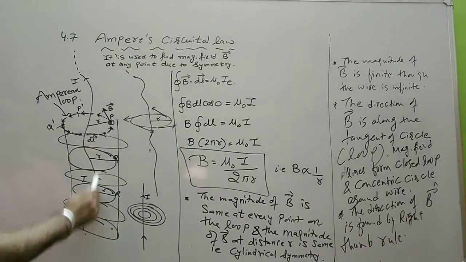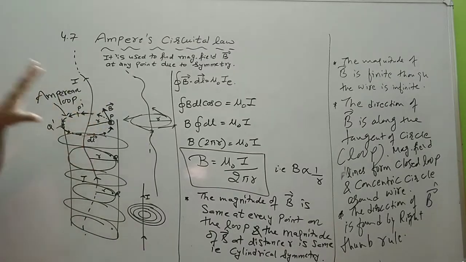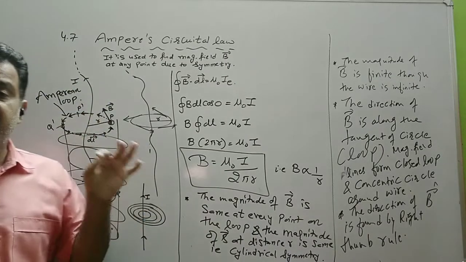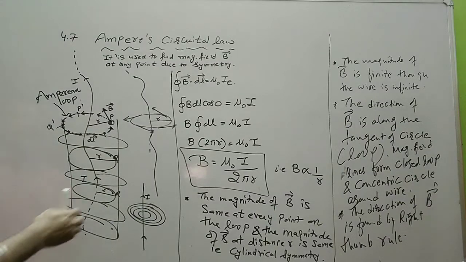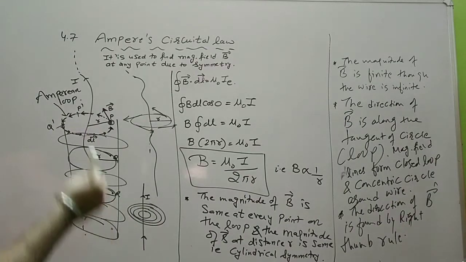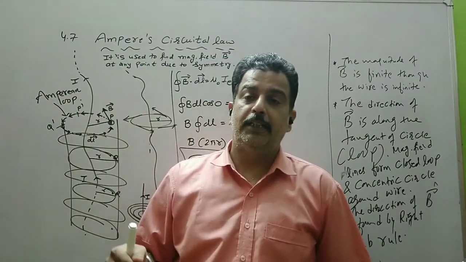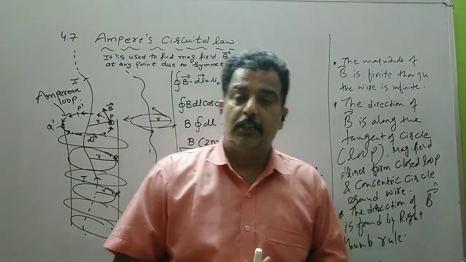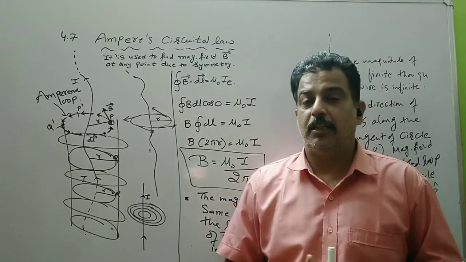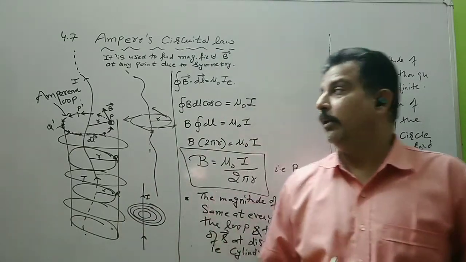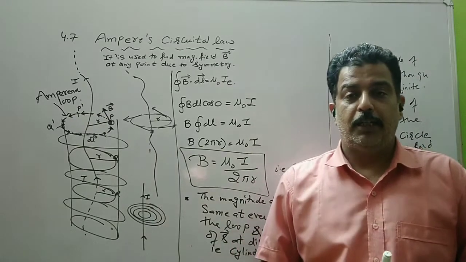Here we have assumed the wire is thin and infinite. In the next lecture we will see an example where the wire has certain thickness, and we will find the magnetic field intensity inside, outside, or on the axis of the wire. So we wind up our lecture today. Have a nice day.